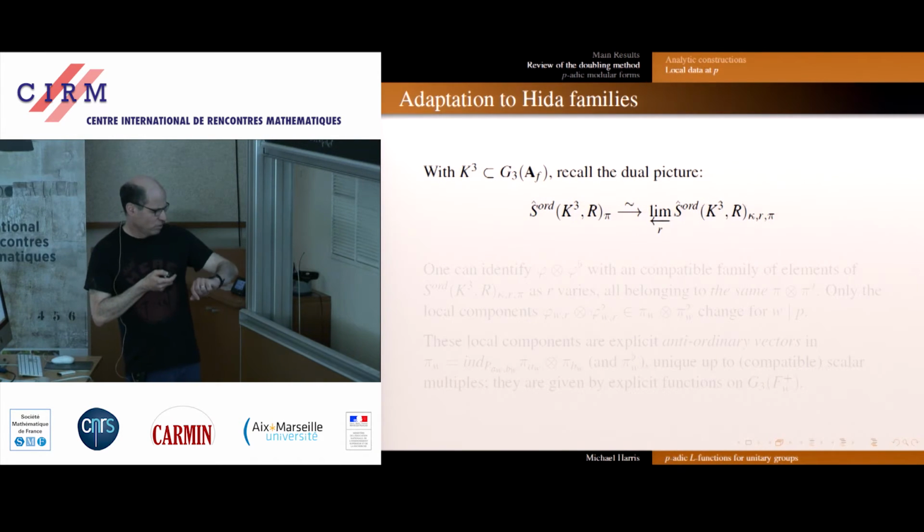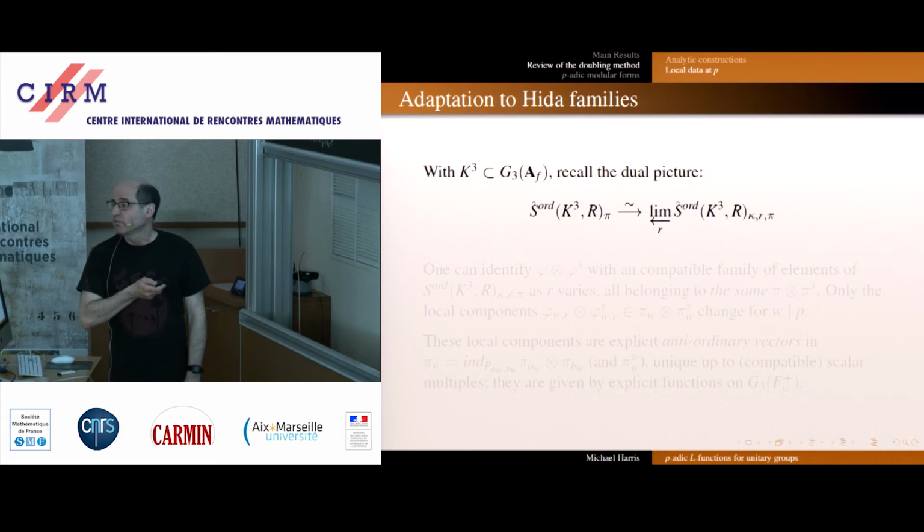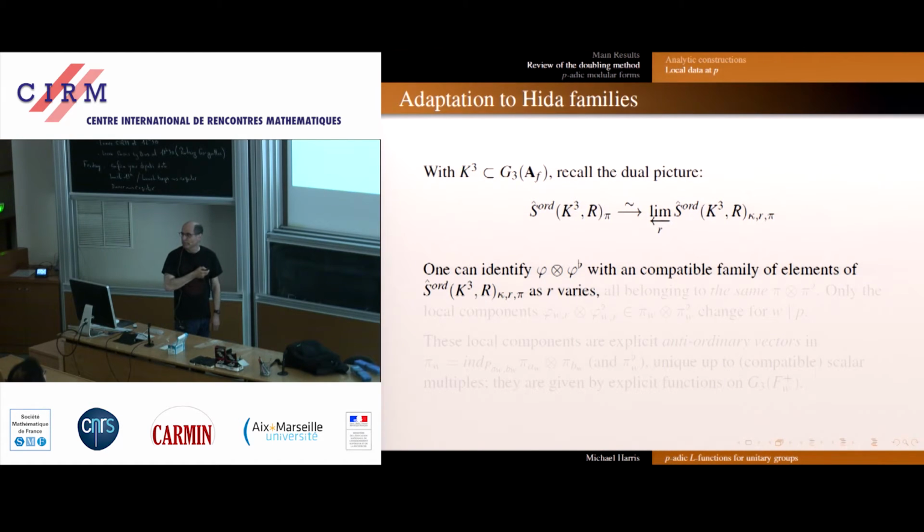So recall the dual picture. Remember, we have this module over the Hecke algebra, which is the inverse limit of these finite dual modules. And this is the latest improvement, which unfortunately, it's not a necessary improvement.